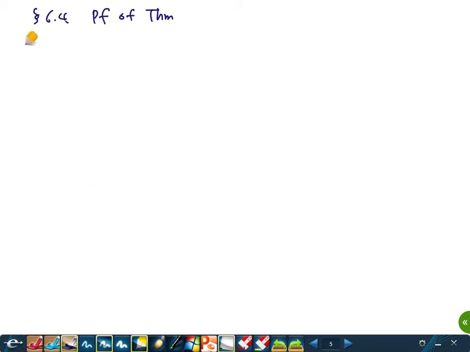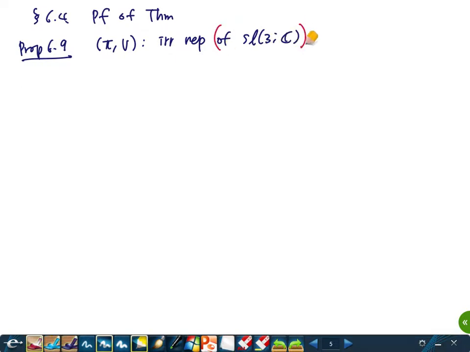So first I'm going to give you some proposition numbers, the same as in the textbook, because we will refer to this. Proposition: pi is an irreducible representation of SL3C. From now on, I'm going to just omit this. Everything is a representation of this.